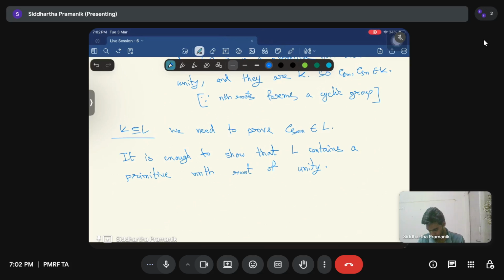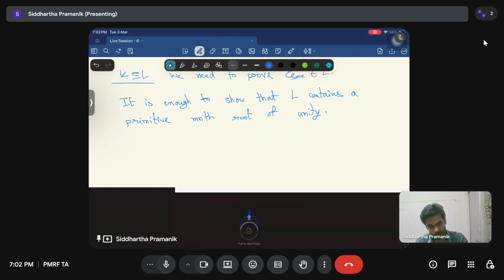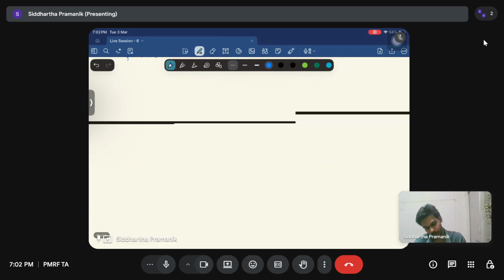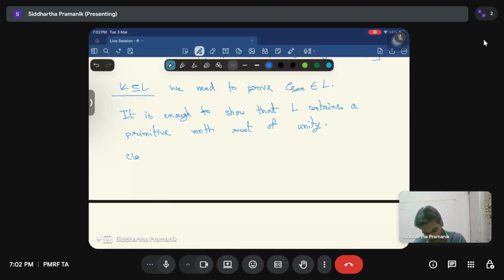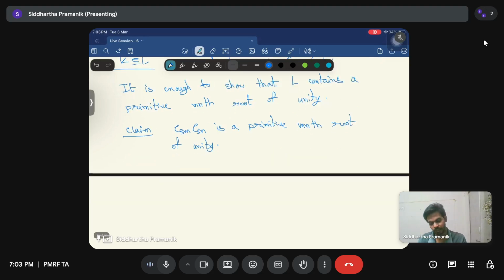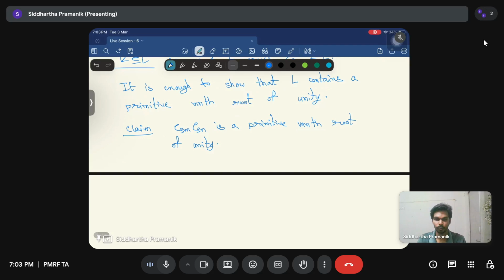What I want to prove is our claim: zeta m times zeta n is a primitive mnth root of unity. So let's prove this claim. Then it will prove what we wanted to do.